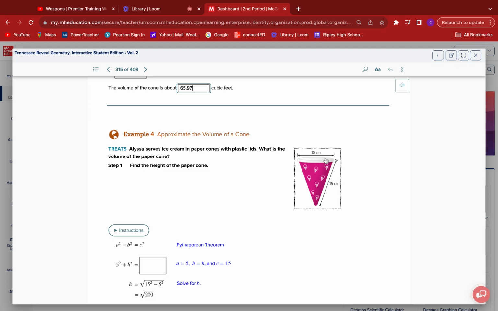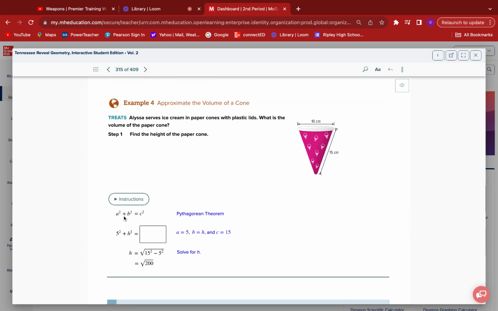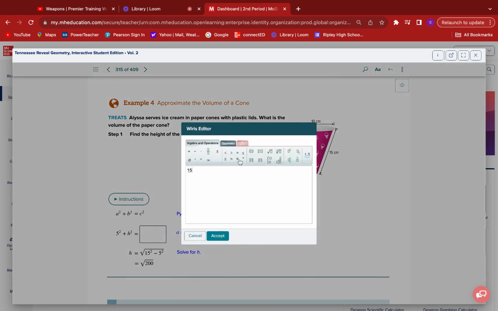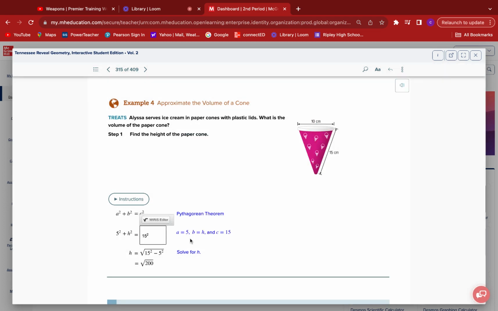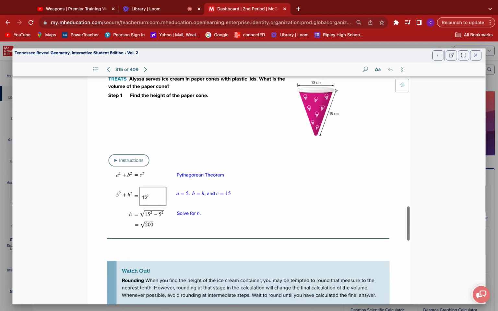Okay, so we need the Pythagorean theorem with 5, the height, and 15. So a squared plus b squared equals c squared. 5 squared plus the height squared is 15 squared, because that's our hypotenuse. All right, you're going to subtract 5 squared to the other side. 15 squared minus 5 squared is 200. And the opposite of squaring that is to square root the 200.